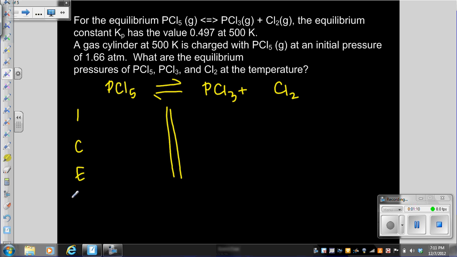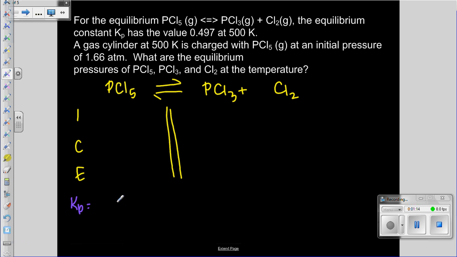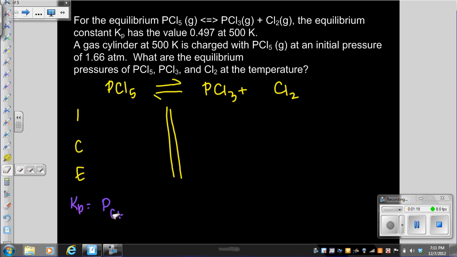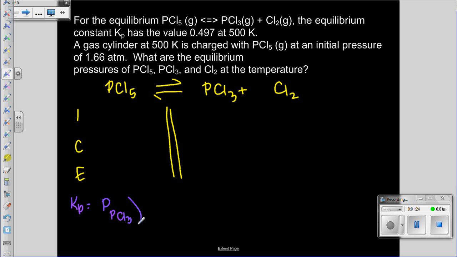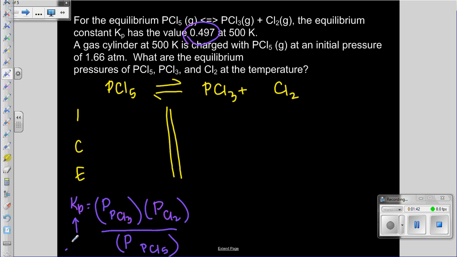So if I were writing the expression, it would be Kp equals the pressure of PCl3 times the pressure of Cl2 divided by the pressure of PCl5. Those are all raised to the first power, and Kp is 0.497. We will come back and do something with that in a little bit.